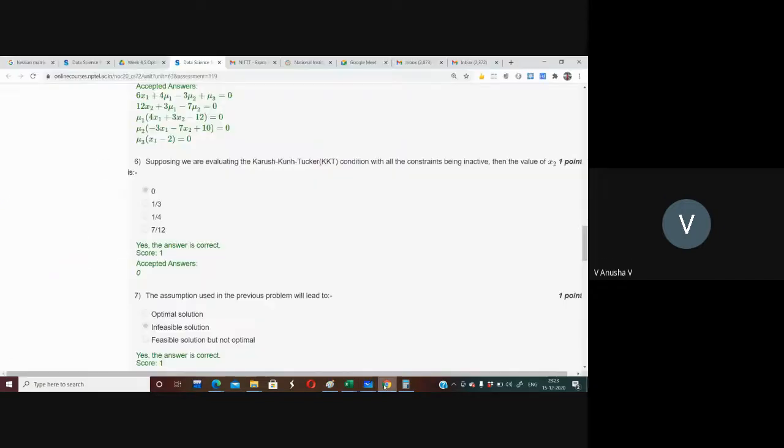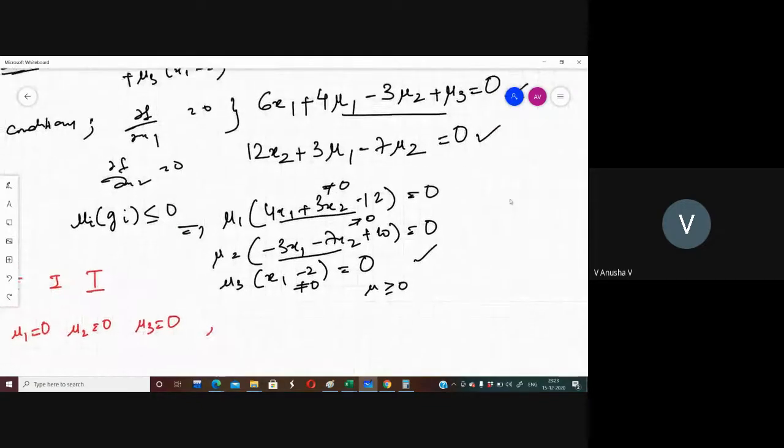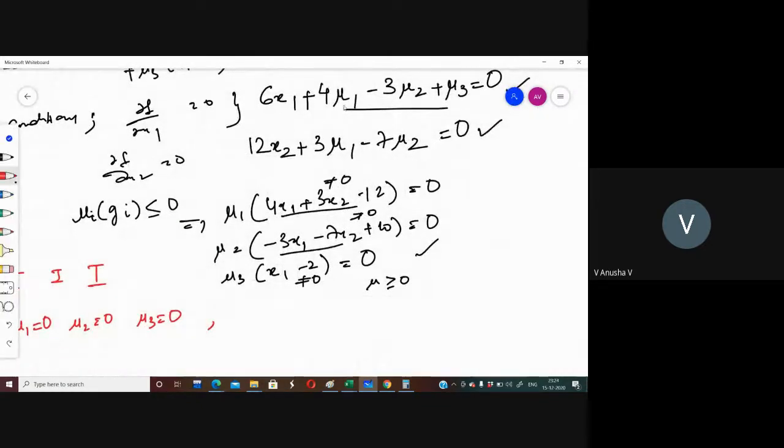They are asking for the value of x2. So now let's see how you can calculate the value of x2 here. I'll substitute the values of mu1, mu2 and mu3 here.